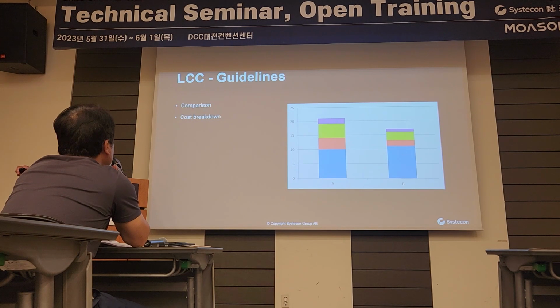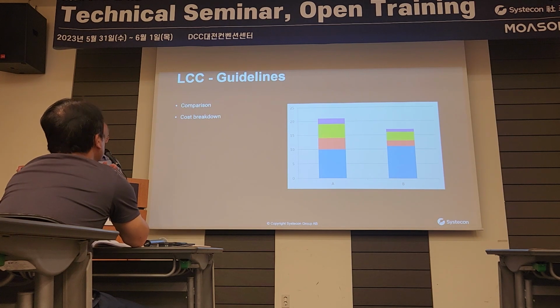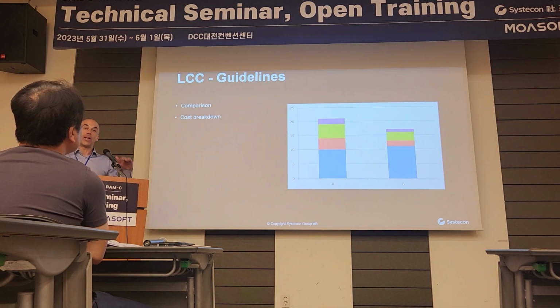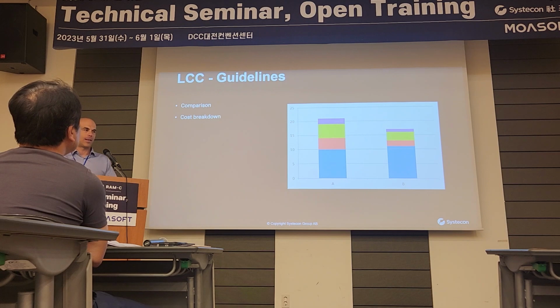So if you're using a tool like Opus 10, you can say, okay, I want to calibrate them against 90% availability. What is the LCC or the life support cost for alternative A to get to 90% availability? And what is it for alternative B? Because if you compare 60% availability for B to 80% availability for A, then you're not comparing the same thing.